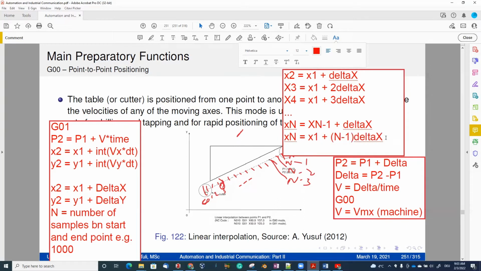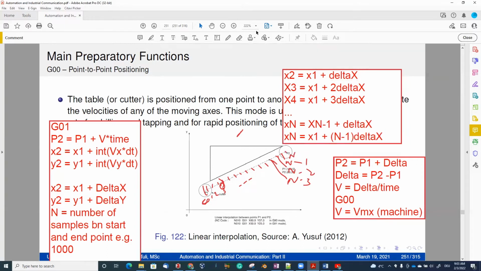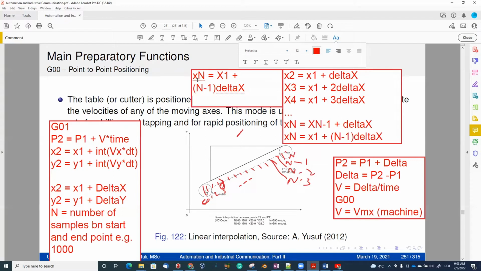And then I will make this one also for y. Now, just to be more generic, I will generate my equation here. xn equals x1 plus (n minus 1) delta x, and then you need it for the y-axis as well.